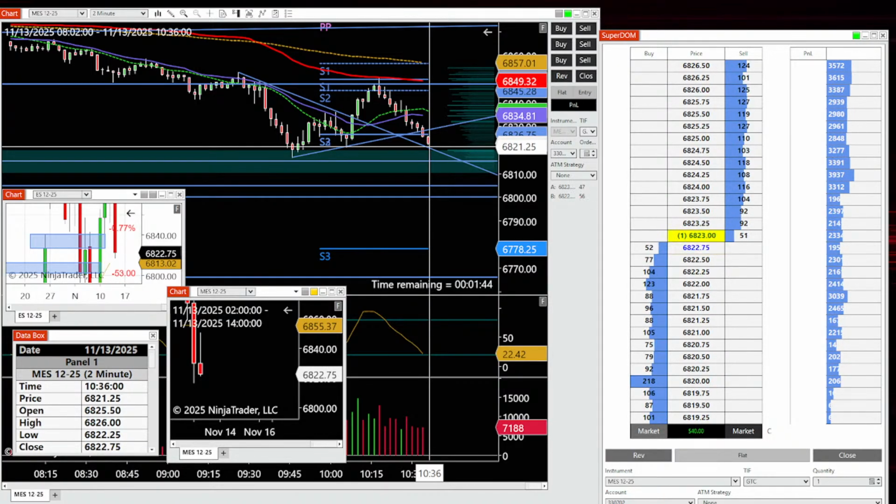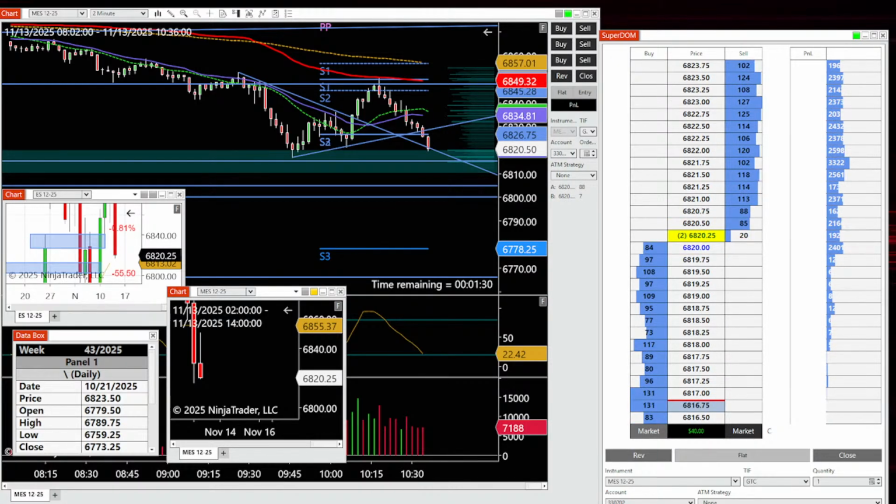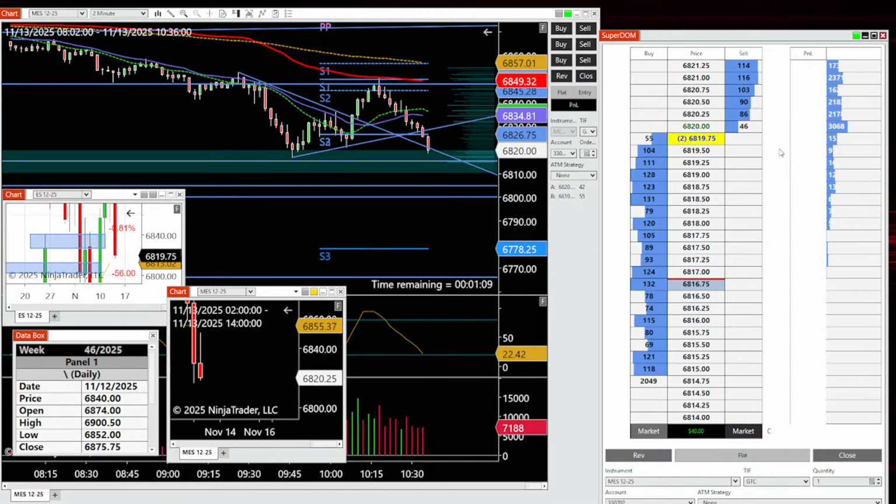I would rather have a bounce and then roll over. Look at a 20 break.